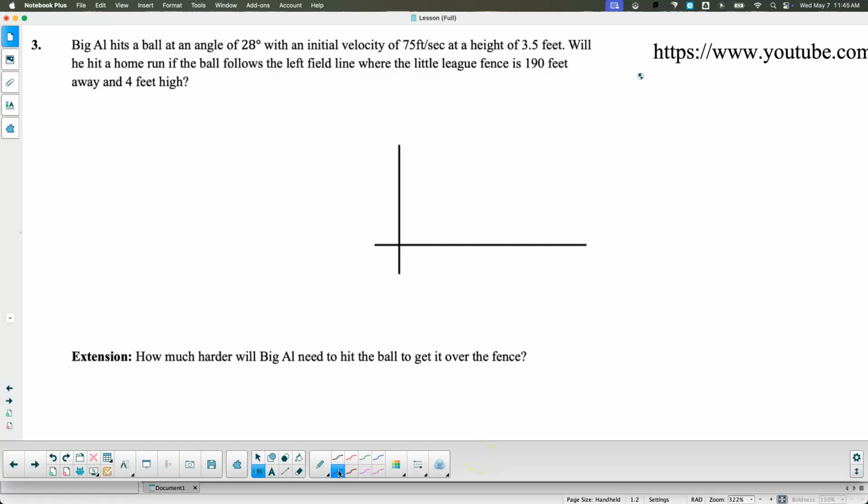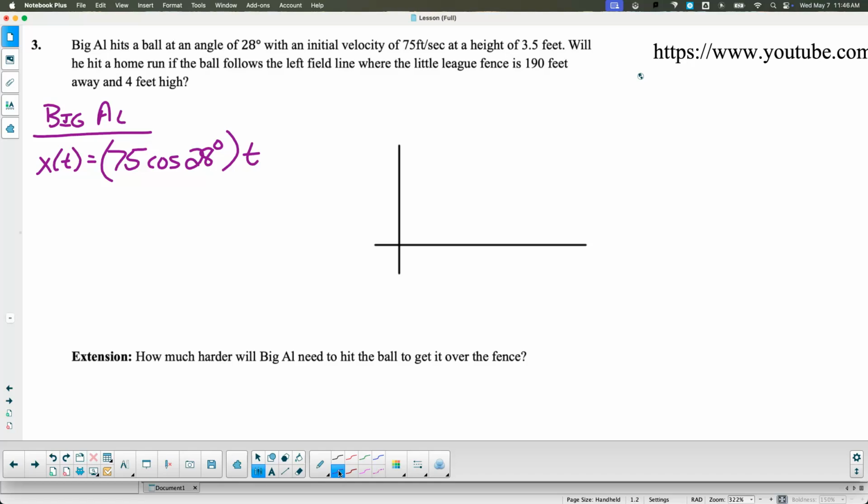The first parametric equation we got is Big Al. So we got to come up with his parametric equation. Okay? All right? So x of t is going to equal, what's our initial velocity? 75 times cosine of the angle he hits the ball at, 28 degrees, and that gets multiplied by t.